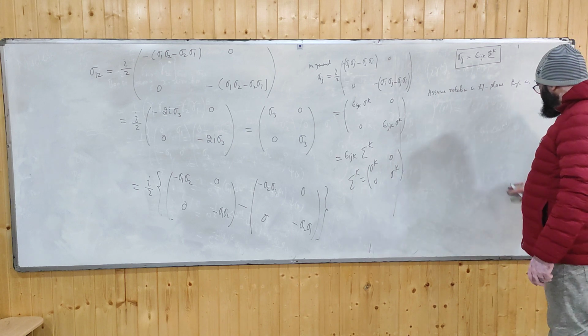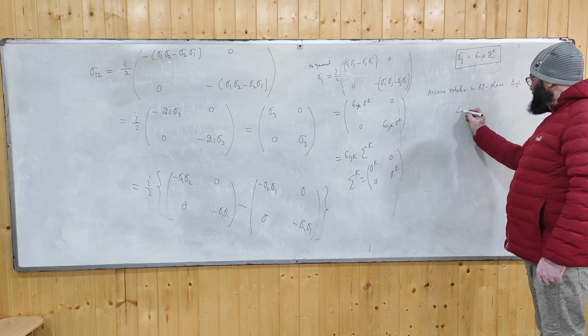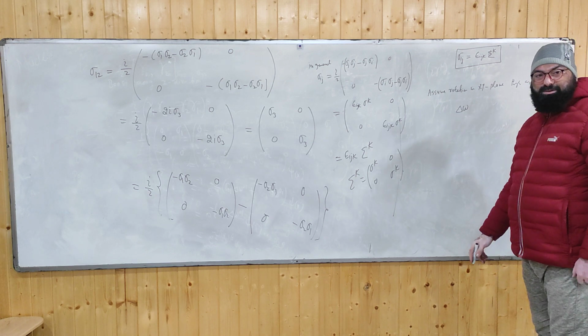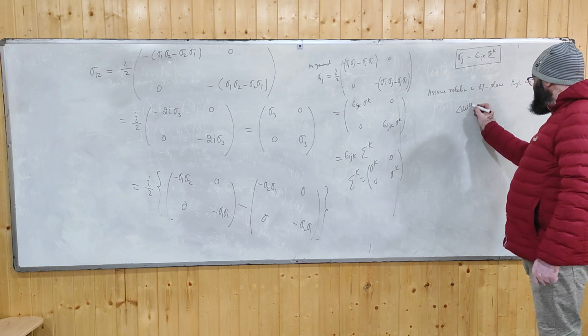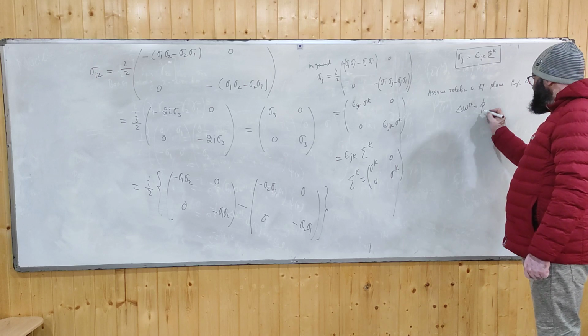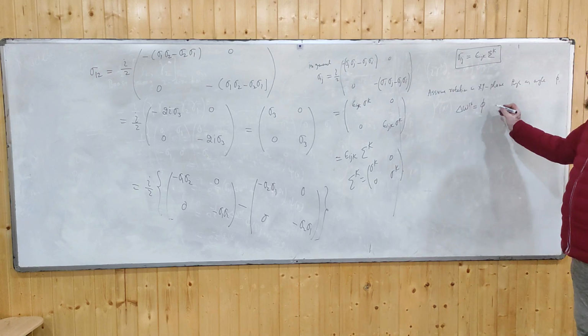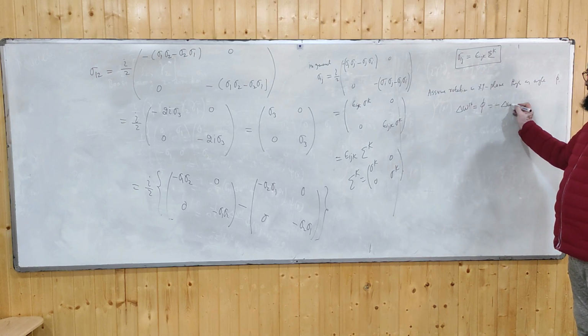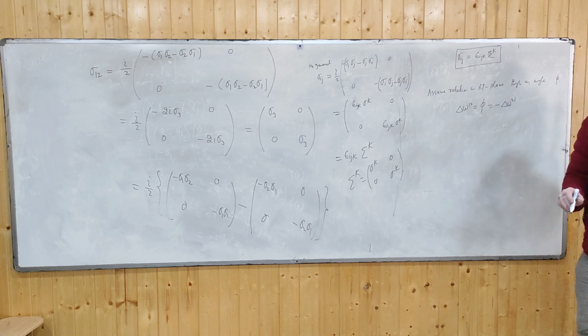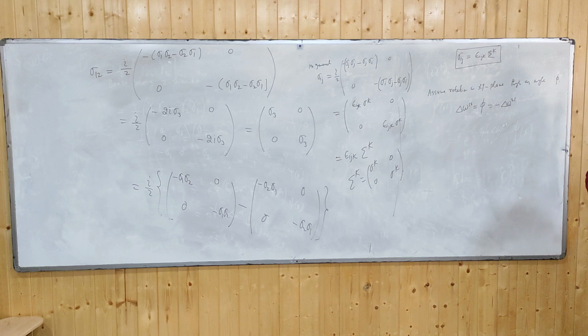Okay. So what does that mean? This delta omega 1 2 has to be equal to this phi. Clear? So that's equal to minus delta omega 2 1. Because this omega gives you the parameters of boosts and rotations.